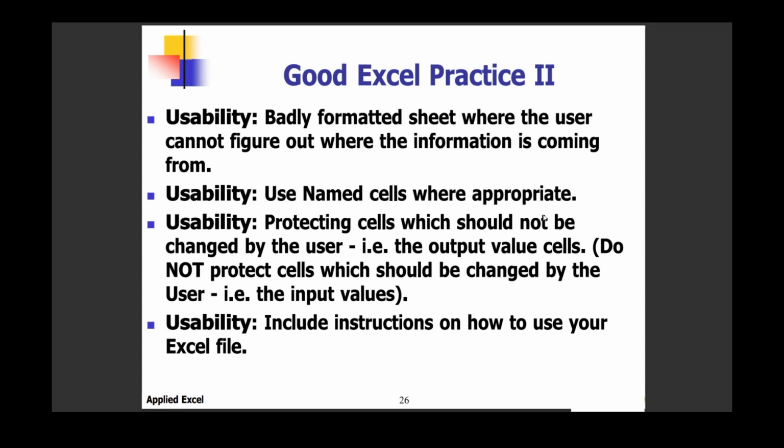Then also ensure that each cell is named where appropriate. You have a naming convention where it is appropriate. Then also try and protect cells so that any user cannot just come and make changes. Then you can easily include instructions on how to use your Excel file.